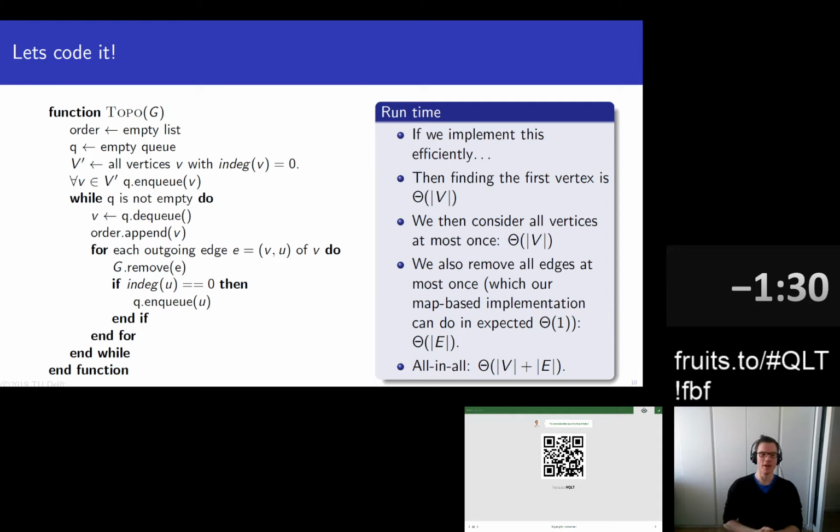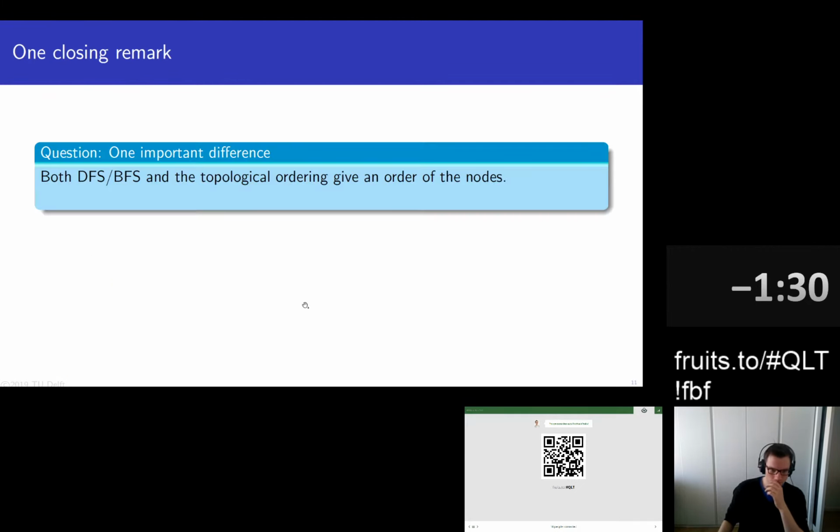Excellent. Good. Okay. Then, we've seen the code for this. Now there's one more remark about this. Last week we discussed breadth first search and depth first search, DFS and BFS. And they give us an ordering of the nodes.